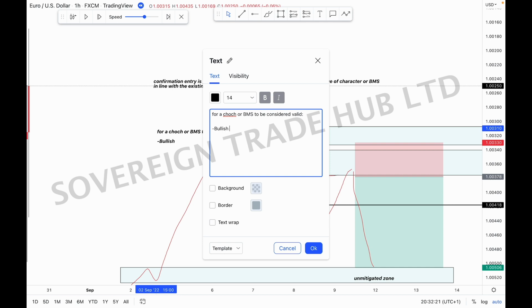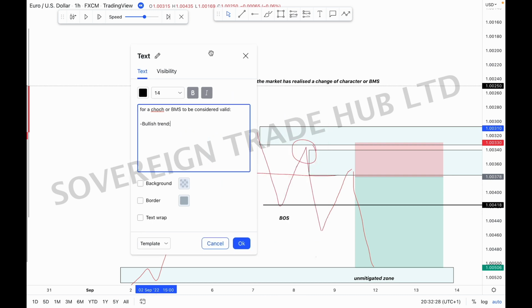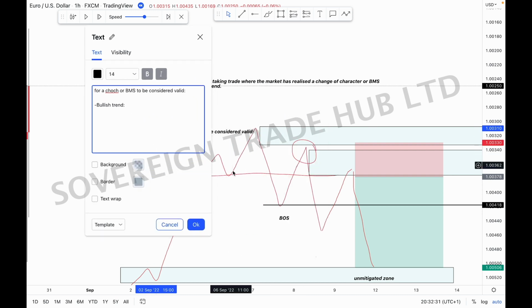In a bullish trend, for you to know that there's a change of character in a bullish trend, you must expect at least 2 lower lows. 2 lower lows must occur. Now, in a bearish trend, for you to know that there is a change of character in a bearish trend, you must expect two higher highs.